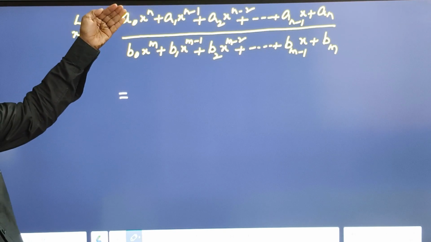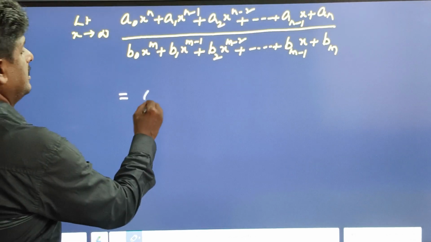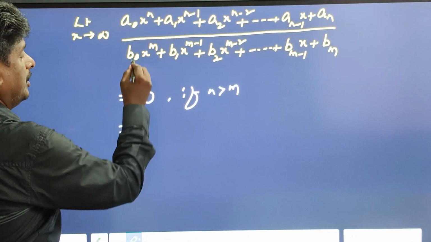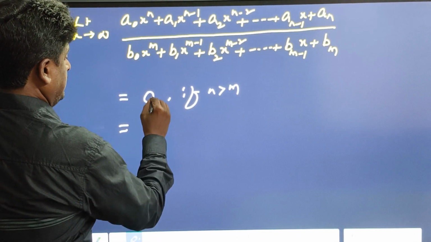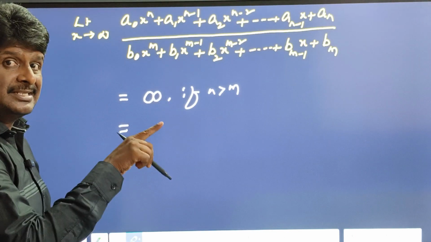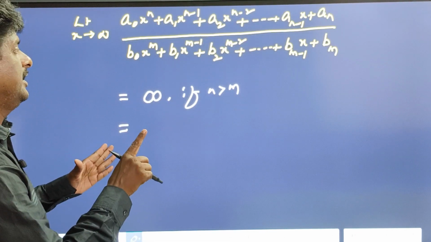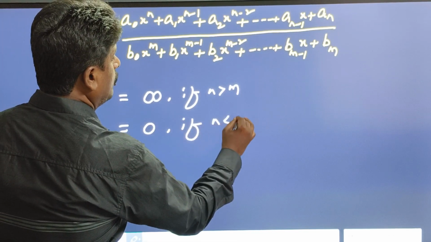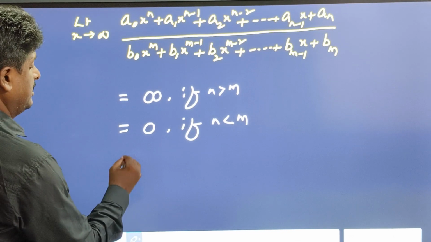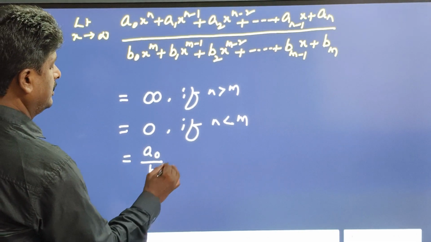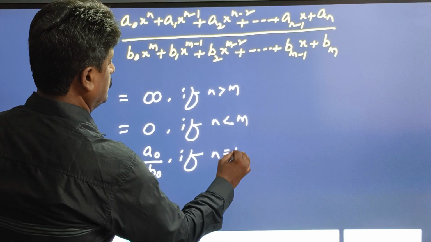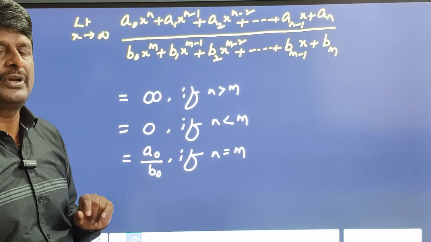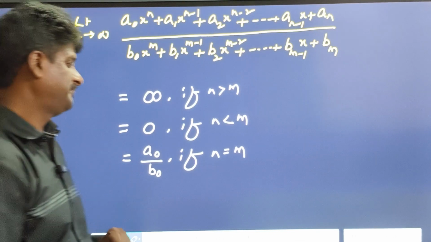Infinity if n is greater than m, because numerator degree is greater than denominator. Next, 0 if denominator degree is greater than numerator, a0 by b0 if n is equal to m. Okay. So this is the situation in case of limit x tends to infinity.